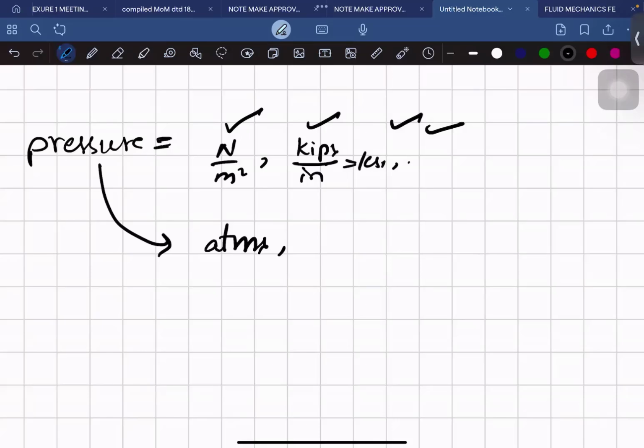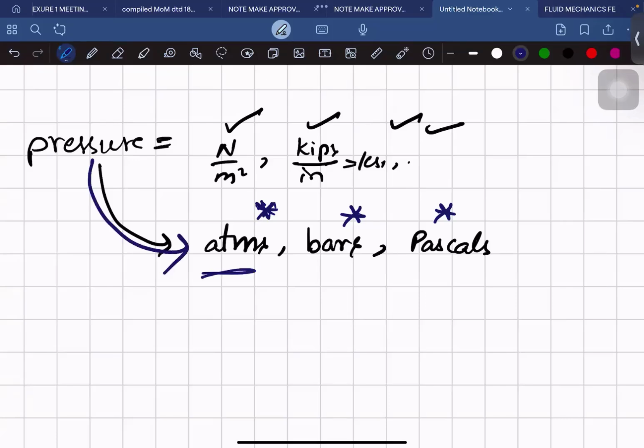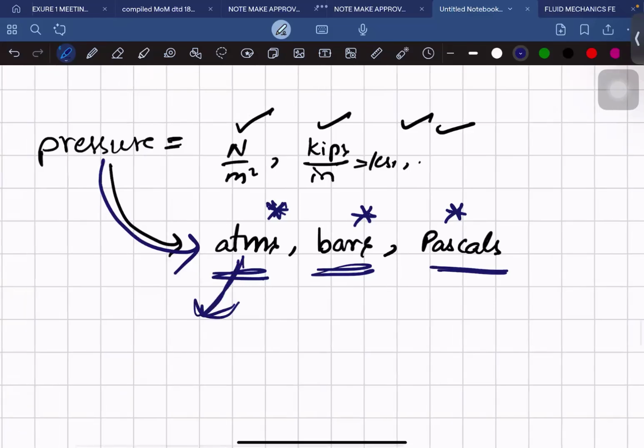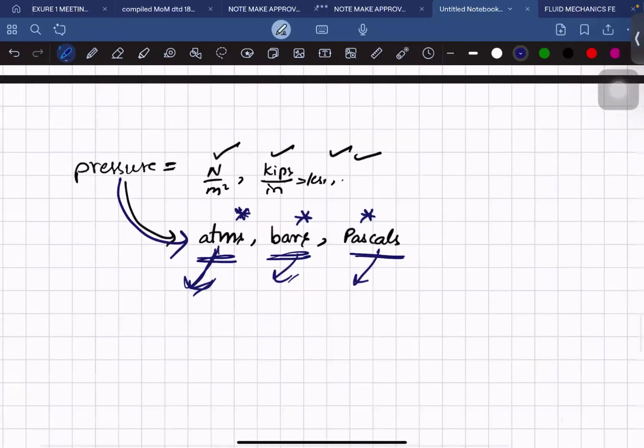This is one of the units, and you are right, bars. This is another unit, and pascals. These are the most convenient or situational units which we can use in fluid mechanics for pressure. Especially when you talk about atmospheric pressure, it will be in terms of atmospheres or bars or even pascals. We'll learn how to convert from one unit to another in the actual session.